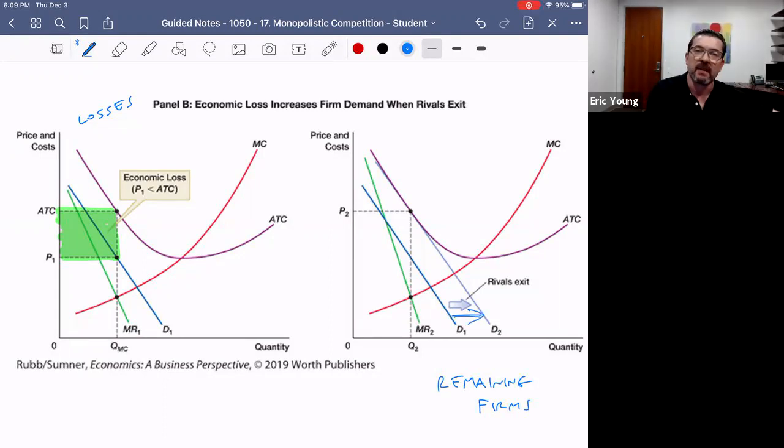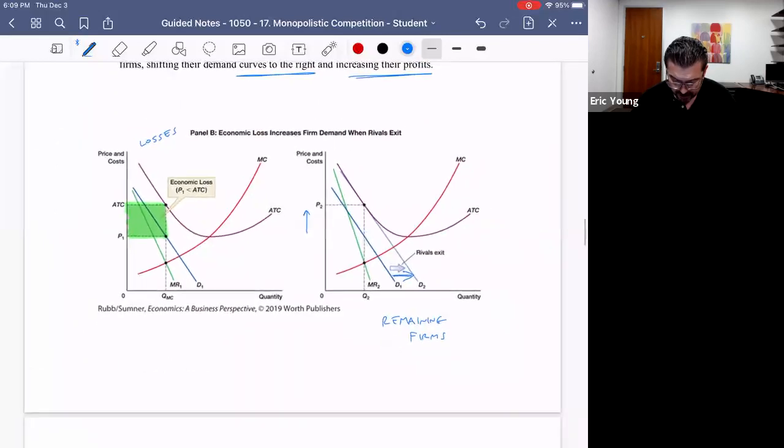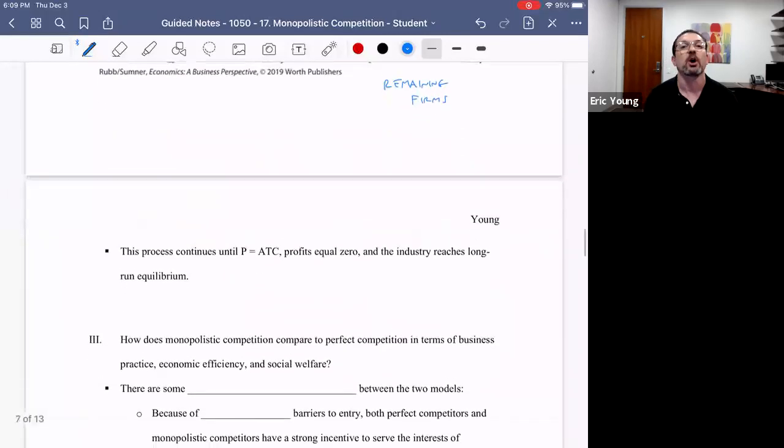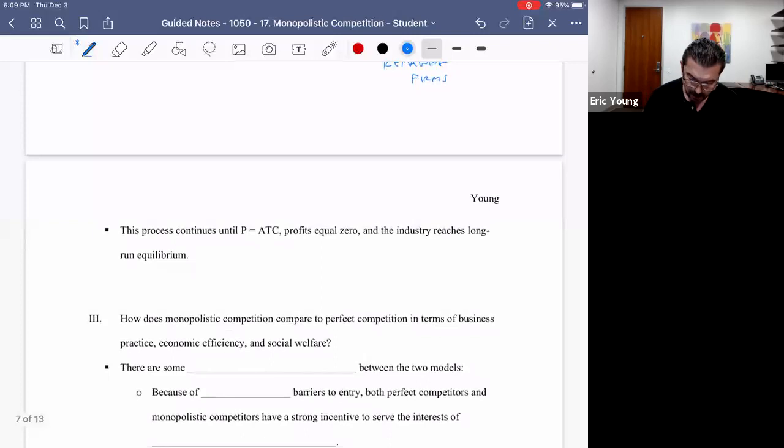This will move their demand curves to the right, correspondingly shifting the MR curves, and this will allow firms to charge higher prices, eventually getting rid of their losses. This adjustment process, my friends, is going to go on until we reach the point where P equals ATC. At this point, as you know, profits equal 0.